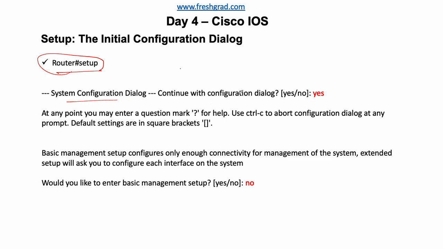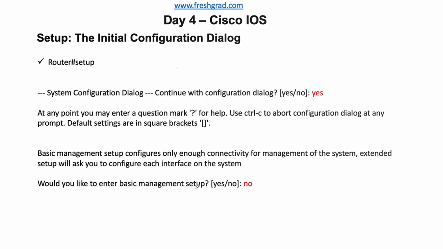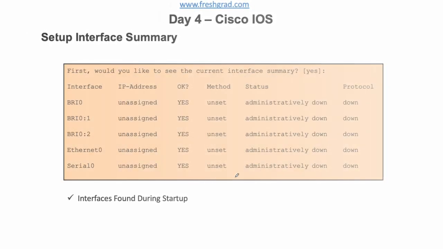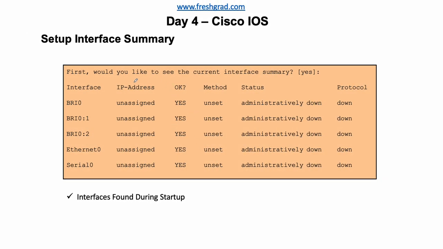It asks whether you want to display a welcome message, and what policies or rules you can set up. For some basic management, if you want to set that up, you can do it in the initial configuration dialog. You can also set up the interface summary, like this interface is connected to this device, and you can provide a description.